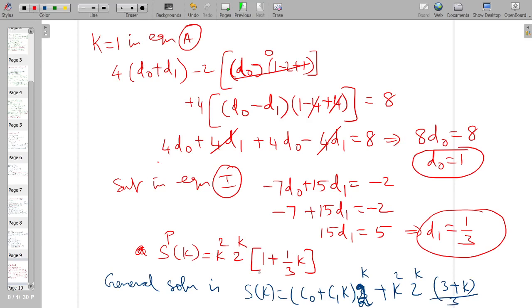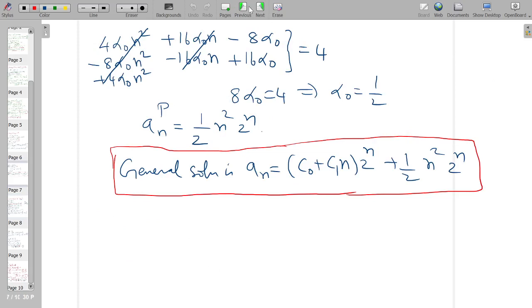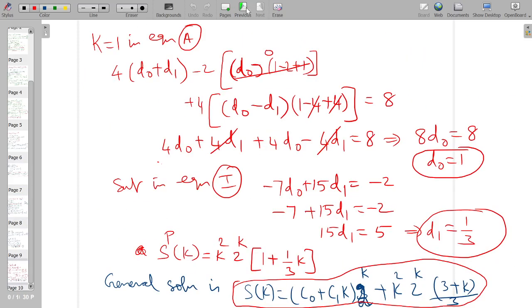This would be the general solution to the given problem. In this case, you have to be vigilant while framing or constructing the particular solution. So this completes this particular problem.